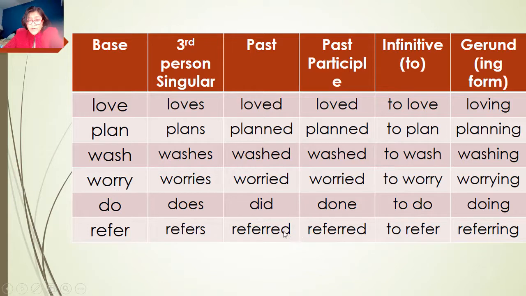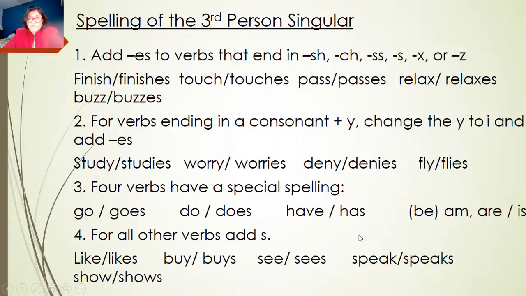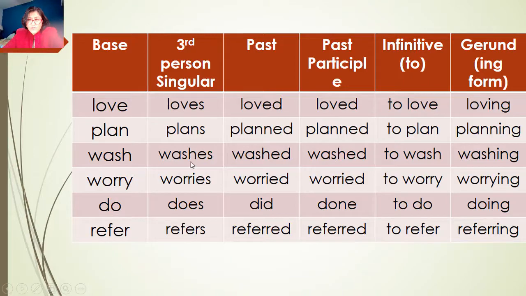Notice how in referred and referring, we double the R, okay? We have a consonant, vowel, consonant, vowel, consonant, double the consonant. Referred, referring. Okay. So the rules for the third person singular. And remember, this is the third person singular.